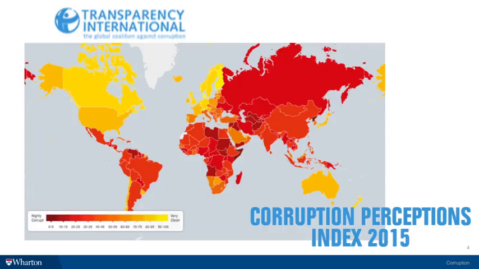Of the three ways of thinking about how much corruption there is, the one that has been measured the longest and for which there's probably the most accurate measurements is frequency. And with respect to frequency, the most respected and clearly the most well-known is the Corruption Perceptions Index, which is published every year by Transparency International.